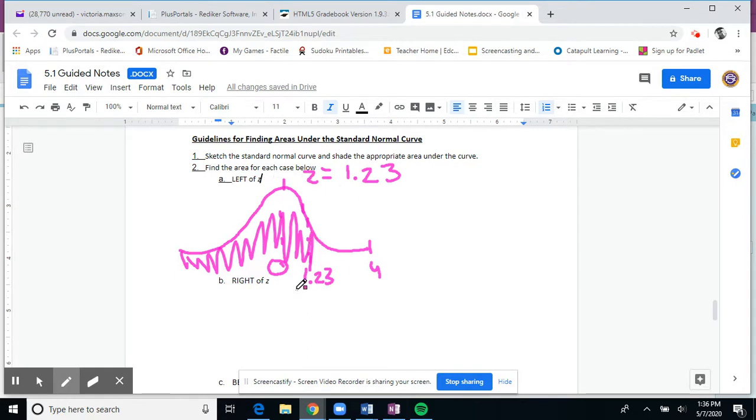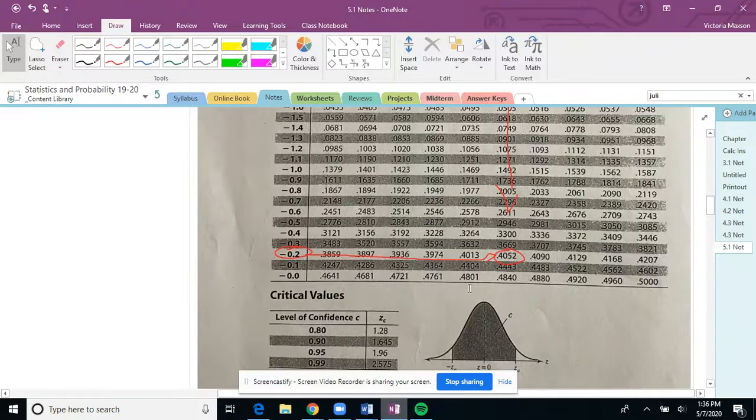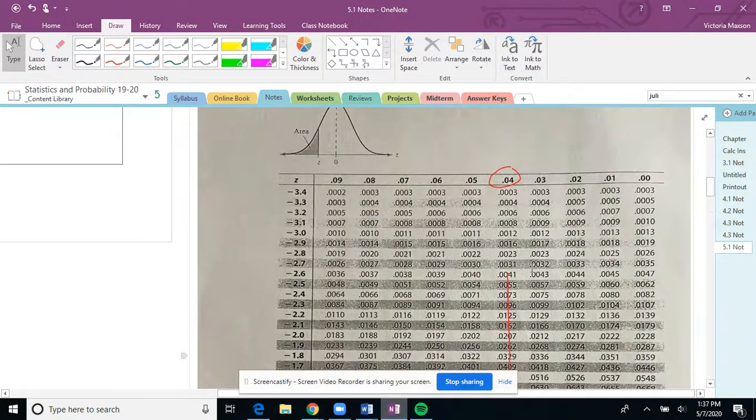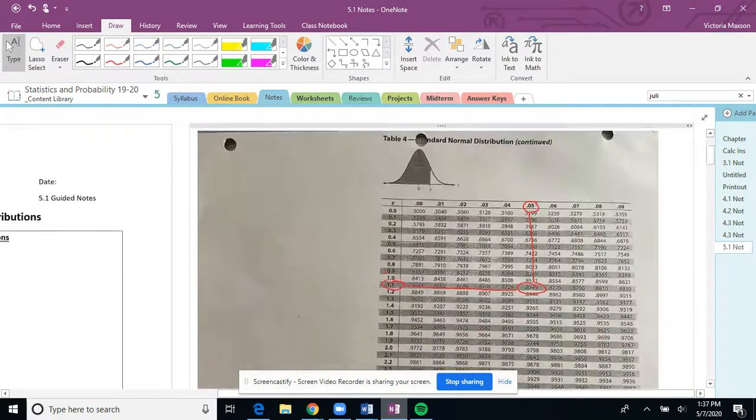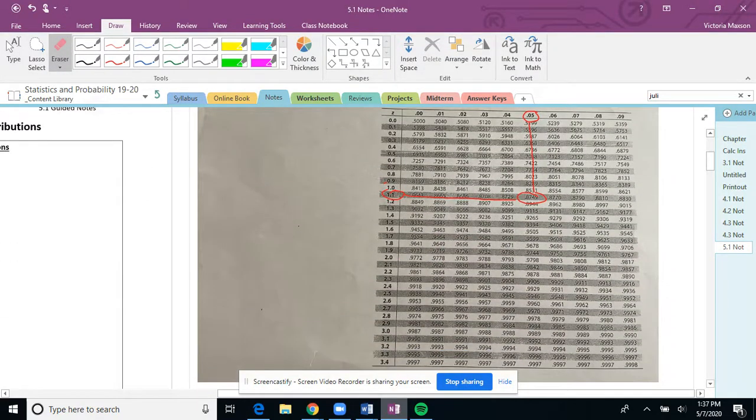Now we have to look this up on the chart. So let's go to our chart, and we're looking up 1.23. We want 1.2 and then 0.03, which brings us to 0.8907.